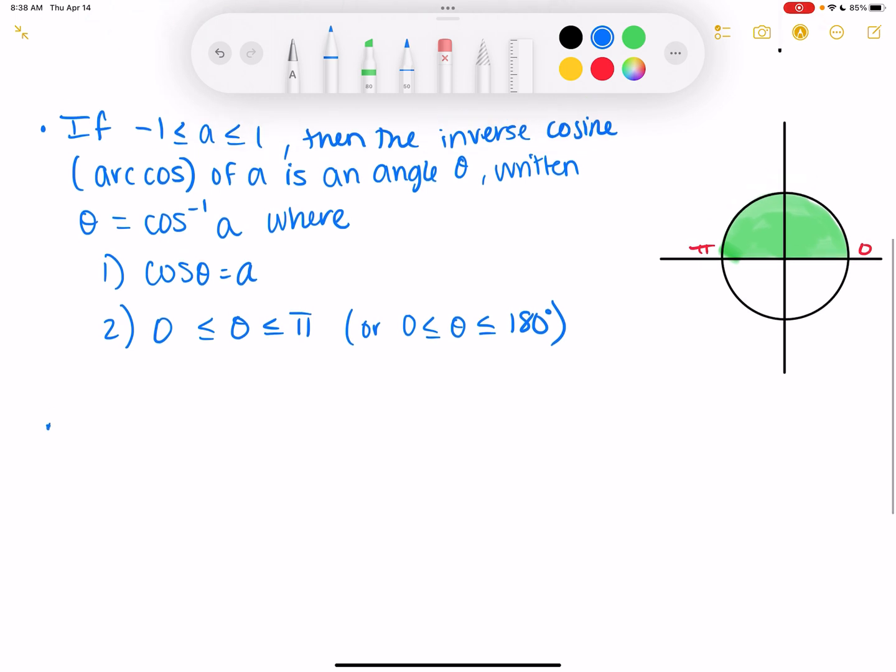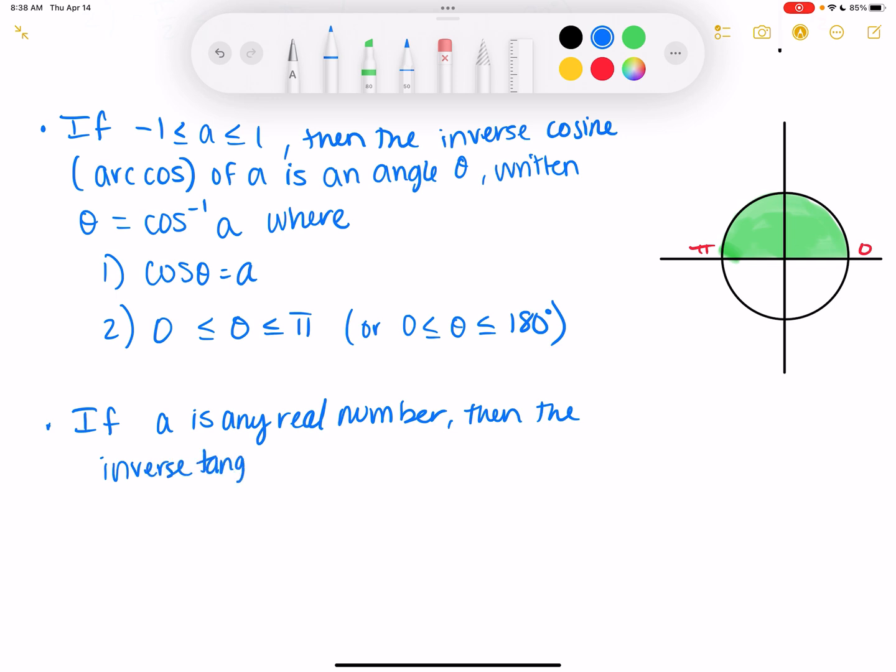So we still have to deal with tangent. If a is any real number, then the inverse tangent of a is an angle theta, written theta equal tangent to the negative 1 of a.